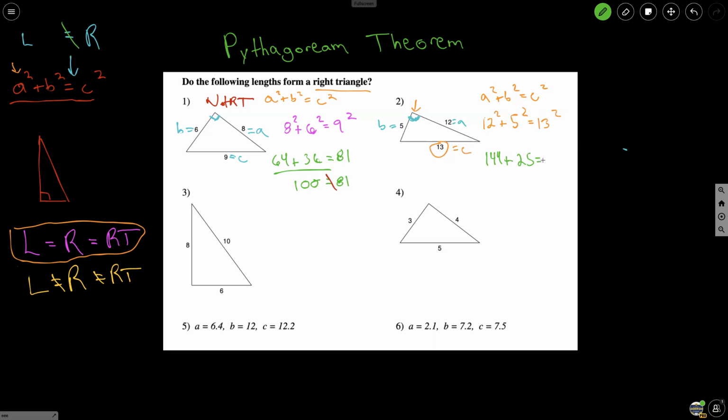And 13 times 13, that gives us 169. 144 plus 25, 169. So this is a right triangle.